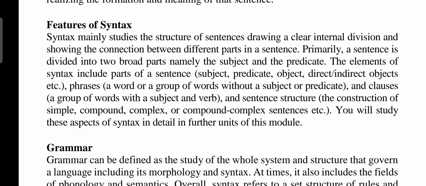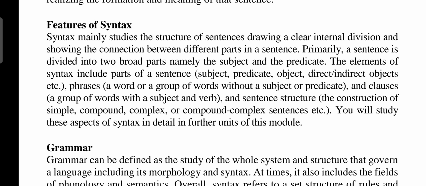Primarily, a sentence is divided into two broad parts, namely the subject and the predicate. The elements of syntax include parts of a sentence: subject, predicate, object, direct and indirect objects, etc. Phrases, a word or a group of words without a subject or predicate, and clauses, a group of words with a subject and verb.